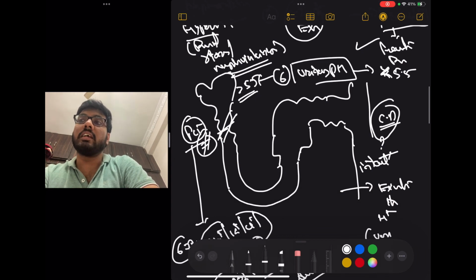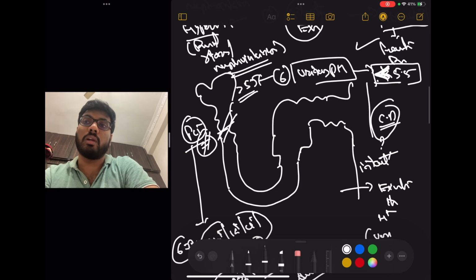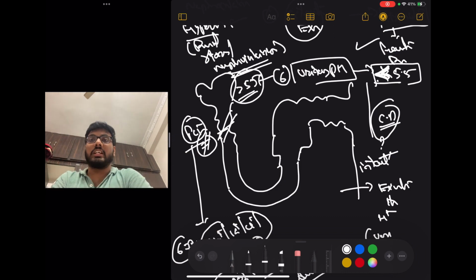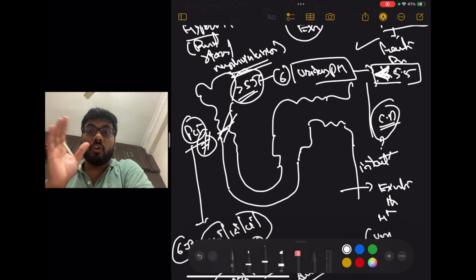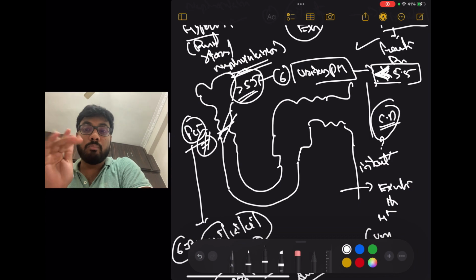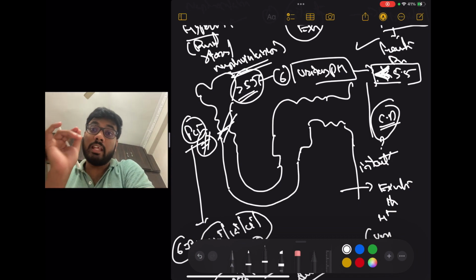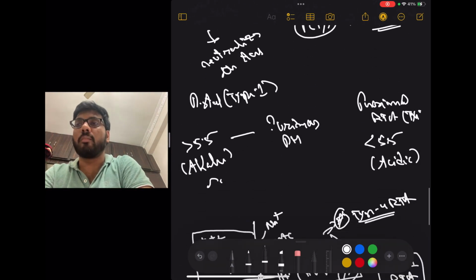Urinary pH is acidic, less than 5.5, in proximal RTA, and more than 5.5 in distal RTA. There is one exception: normally proximal RTA will not cause any renal stones. But one cause of proximal RTA that also leads to renal stones is topiramate.